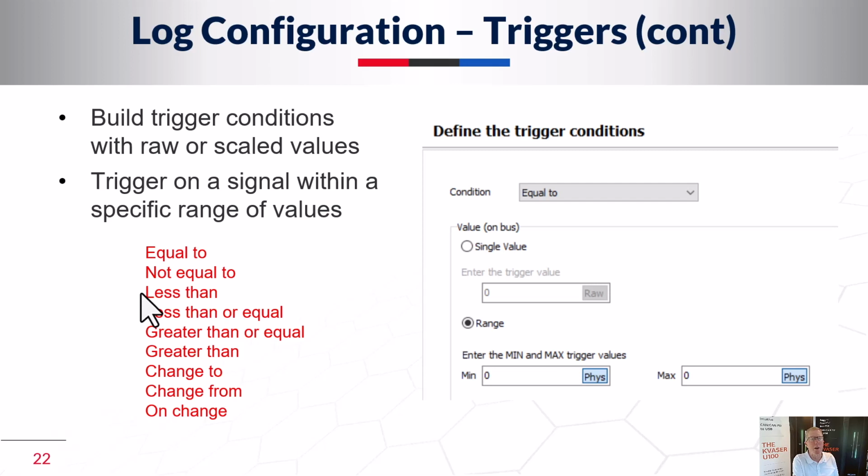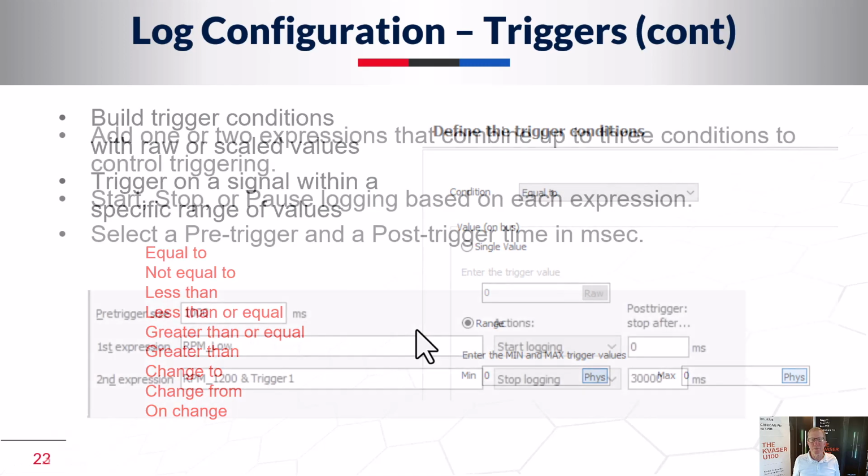So we build trigger conditions with raw or scaled values. Trigger on signals within a specific range of values. And all this lets you do that, a range here or a signal value here. You can select a physical or a scaled value based on a DBC file or a defined signal.